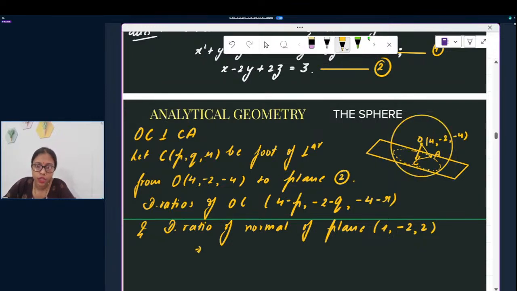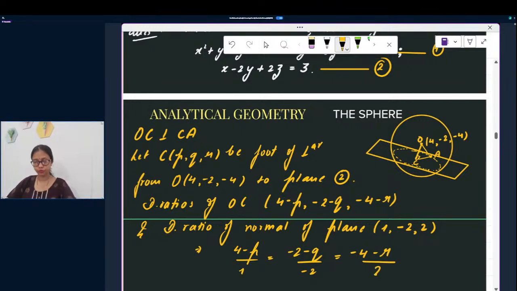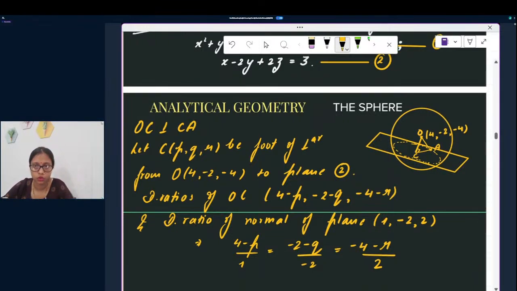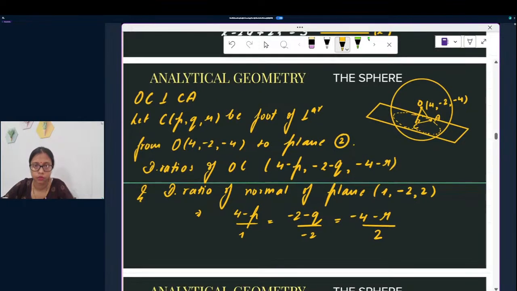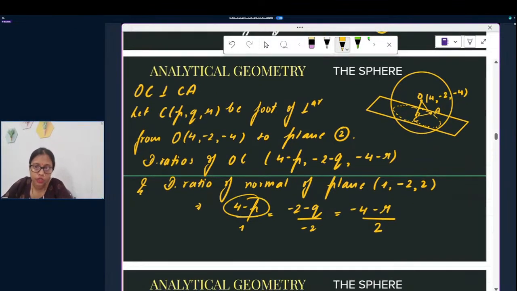It implies (4 minus P) divided by 1 is equal to (minus 2 minus Q) divided by minus 2, and (minus 4 minus R) divided by 2. Right?